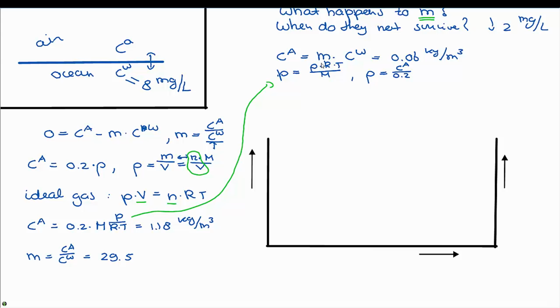Now I'm rewriting this equation, but it's the same. If I fill this in, I can find the final equation, which we can just fill in to find the correct answer, which is 0.25 bar.